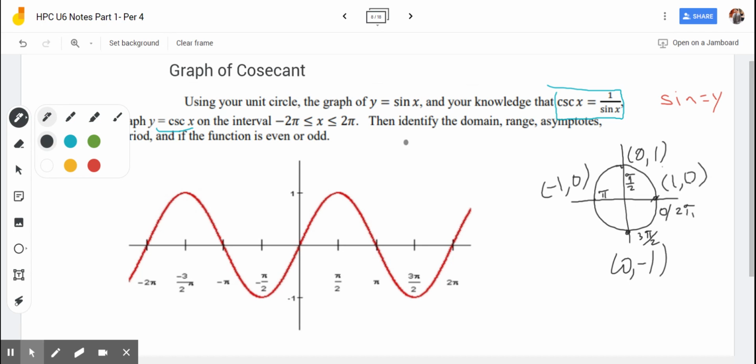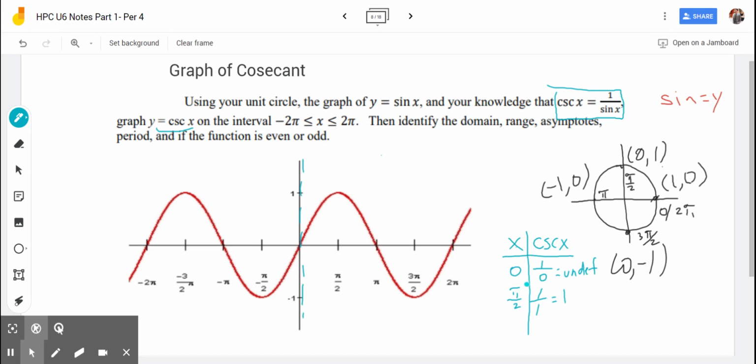Therefore, cosecant of 0 is 1 over 0, which is undefined. At pi over 2, it would be 1 over sine of pi over 2, which is 1. I made a little table of values here.